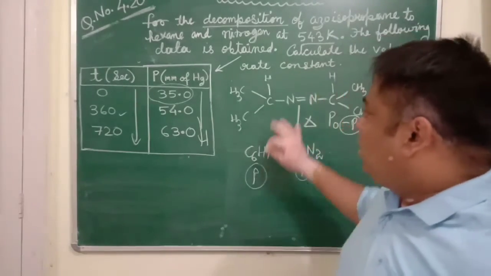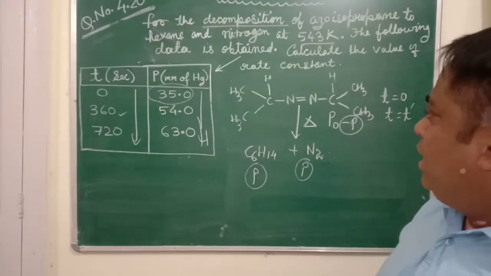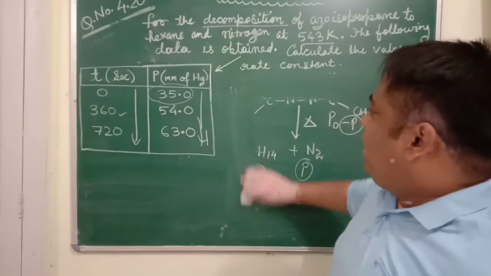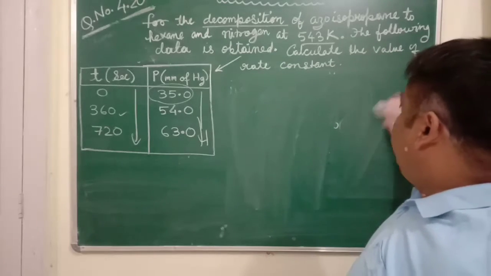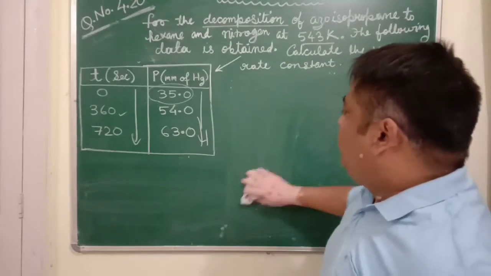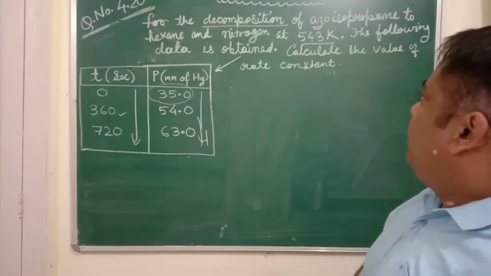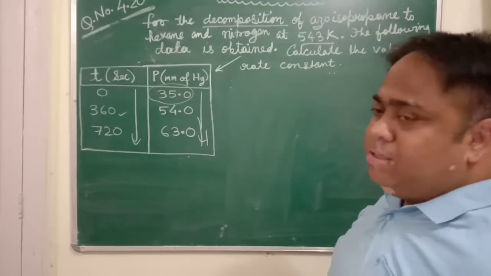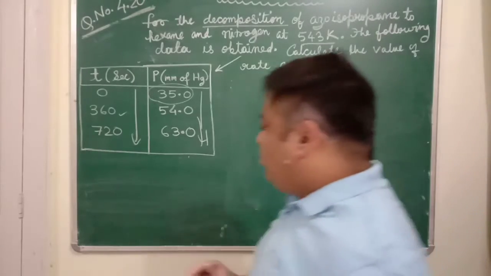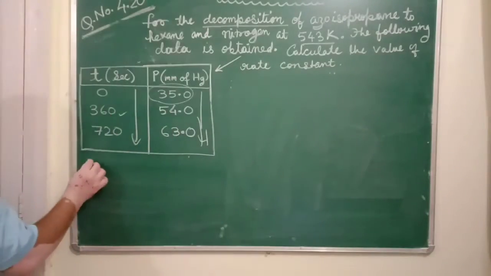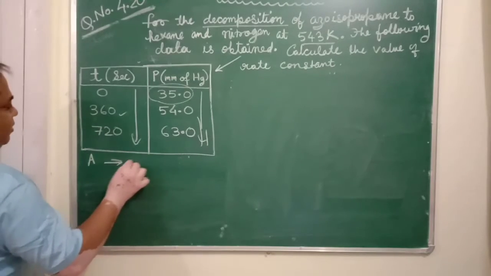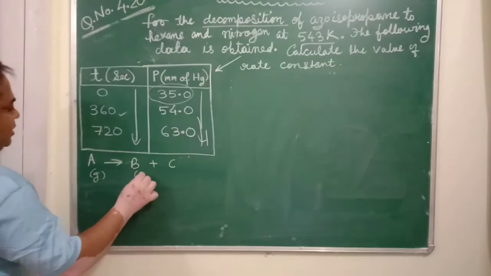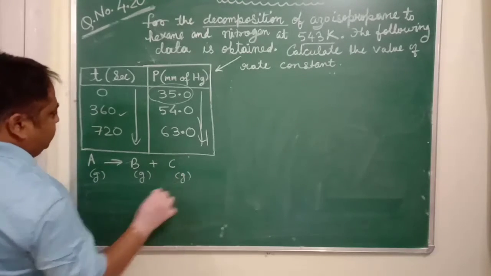Instead of looking at this molecule at a larger scale, we can make it simpler. For any gas molecule A forming B and C, the same procedure will be followed. So in the exam, if PCl5 is given forming PCl3 and Cl2, then also the same procedure will be followed. So we can generalize the equation by writing that if A becomes B plus C, such that A was a gas, B was a gas, and C was a gas.